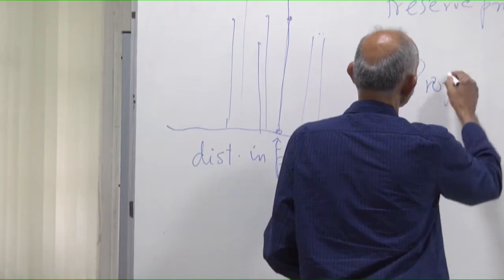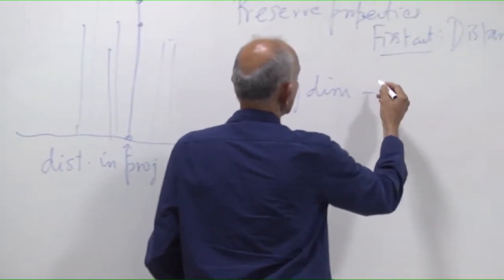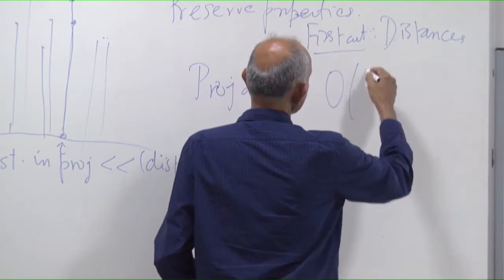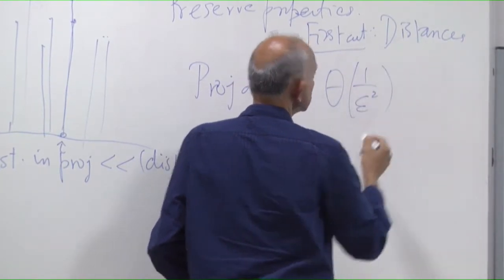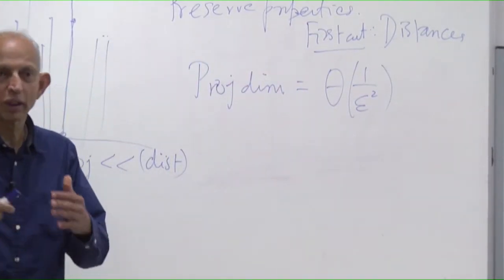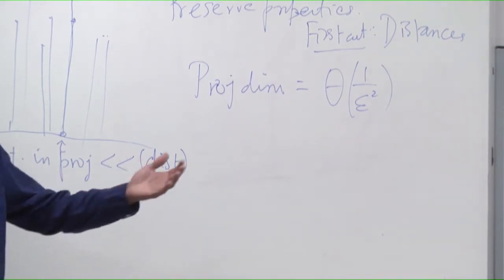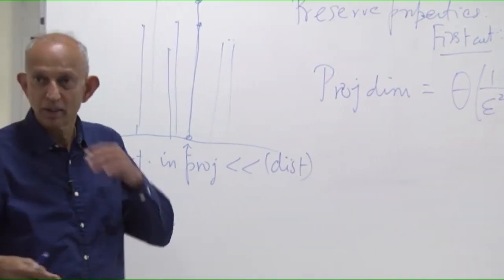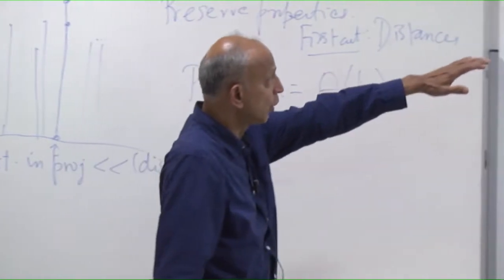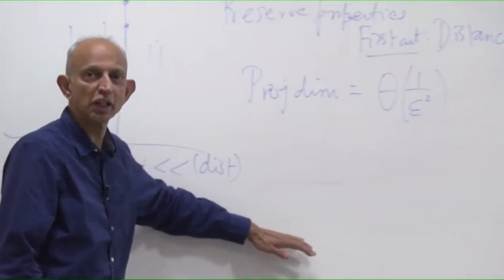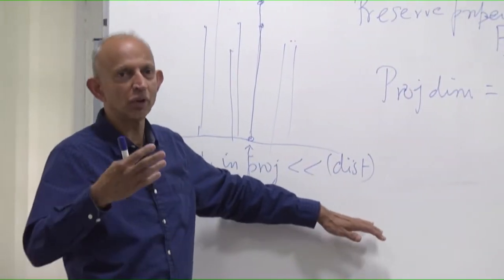The projection dimension is order 1 over epsilon squared. So if you want low error, you need to project to a very large number of dimensions, right? So if you want really low error, the dimension you're projecting to is going to be so large that it's not that useful.